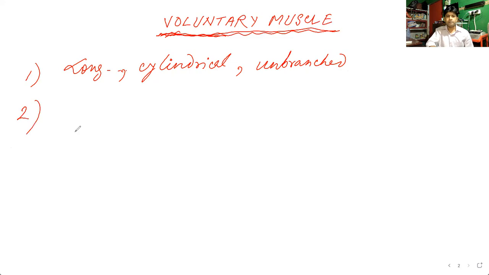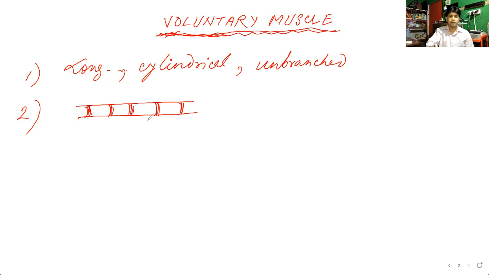Secondly, they have some dark and light stripes in them, like the zebra. In the body of the zebra, we are looking at dark and light stripes. Like that, we are looking at dark and light stripes in the cells.